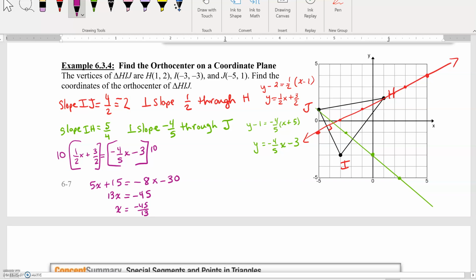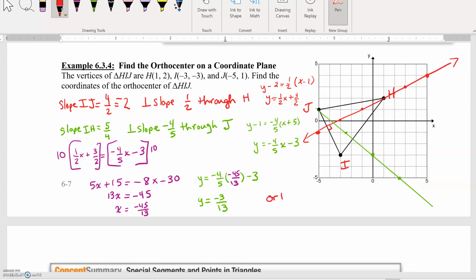So then we're going to pick one to substitute it back in. It's not really going to matter which one I substitute it back into because the number is not going to be pretty either way. So I am just going to go ahead and substitute it into the one on the bottom. And we end up with y equal to negative 3 over 13. Put that in my calculator. Yes, I did.